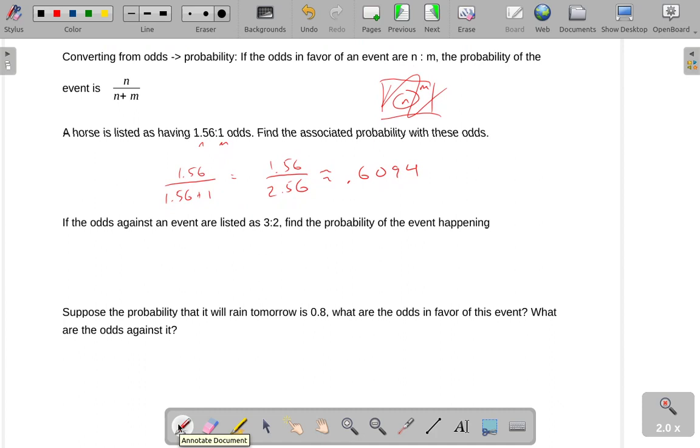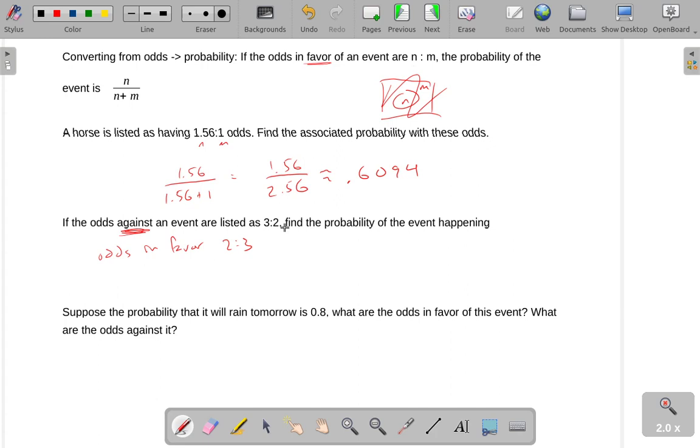So this is odds in favor of an event. That's the odds of the event happening. You can also talk about the odds against the event. That would actually be the odds of it not happening. So if you say the odds against the event are 3 to 2, then the odds in favor are, if you just swap them around, 2 to 3.